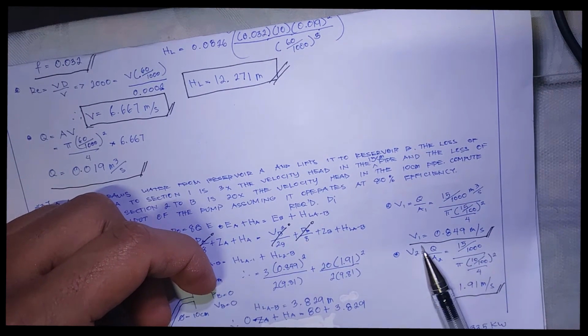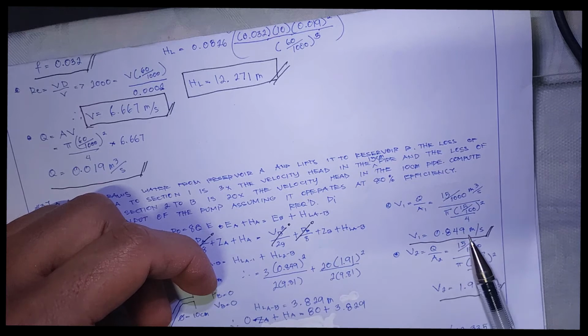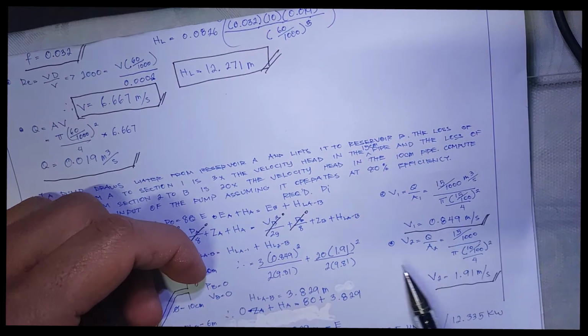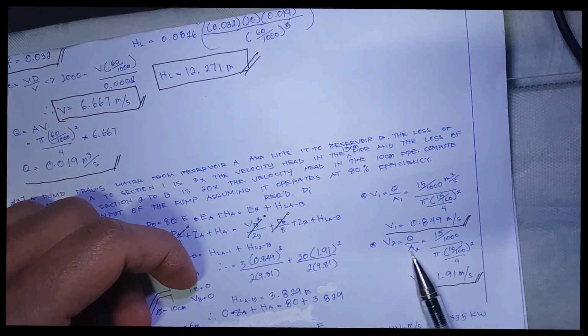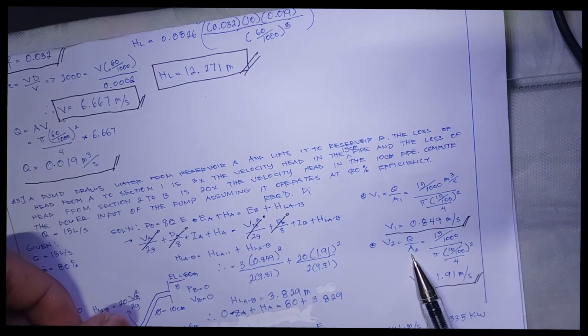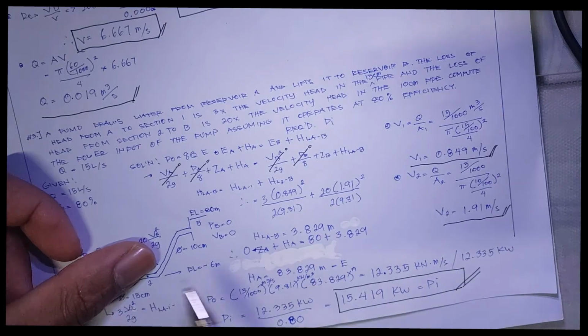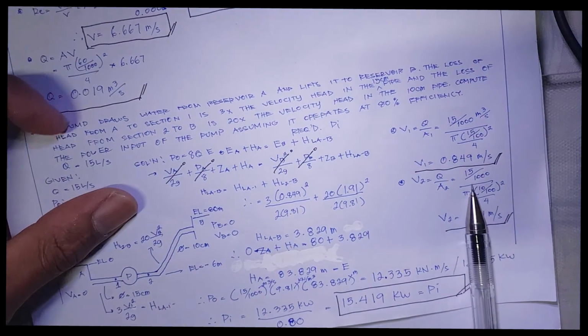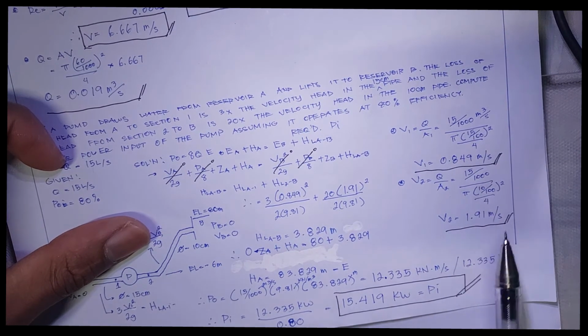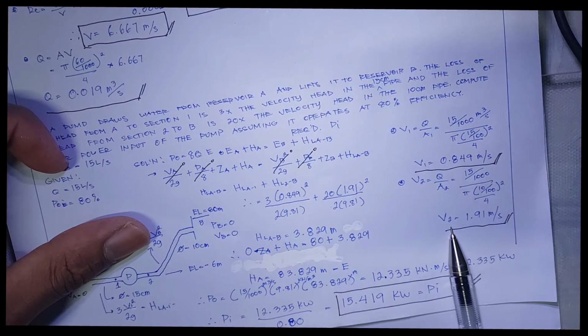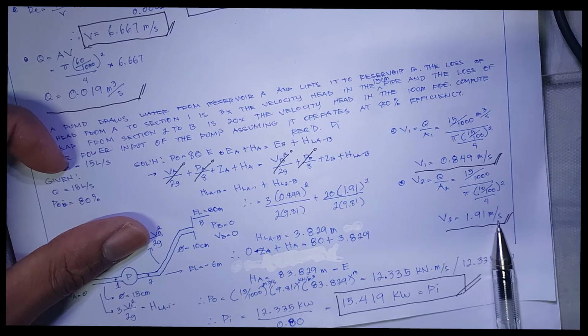We have the velocity 1, which is 0.849 meter per second. Next, the velocity 2 is equivalent to the discharge over the area 2, given the diameter at pipe number 2. So we have 15 over 1000 over the area of 2, which gives velocity 2 equal to 1.91 meters per second.